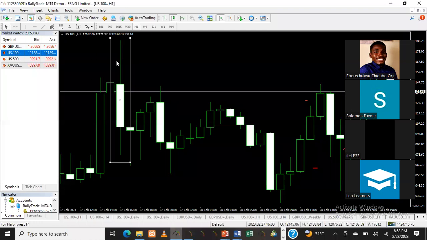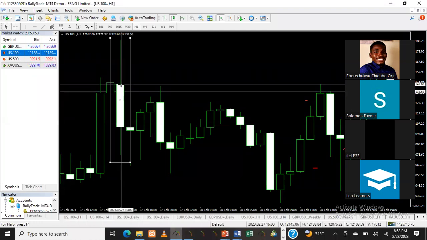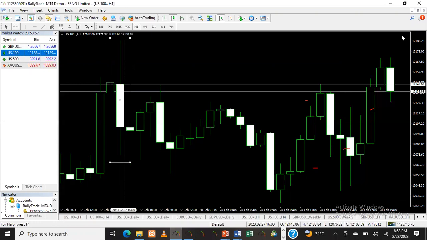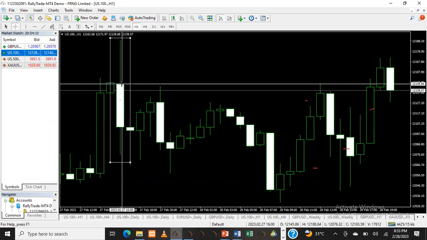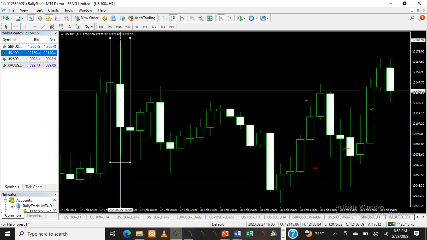On this candle, I'm going to use this crosshair. This is the opening price of this candle, which is 12,145.94, and we'll have the highest price as 12,188.92.